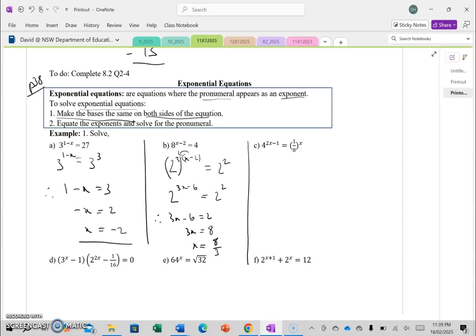Okay, next one. Another one with a common base of 2, because 4 is 2 squared. Now 1 on 8 is 1 on 2 cubed, and we can bring that up the top and make it 2 to the power of -3. So that's 2 to the power of -3 times x.